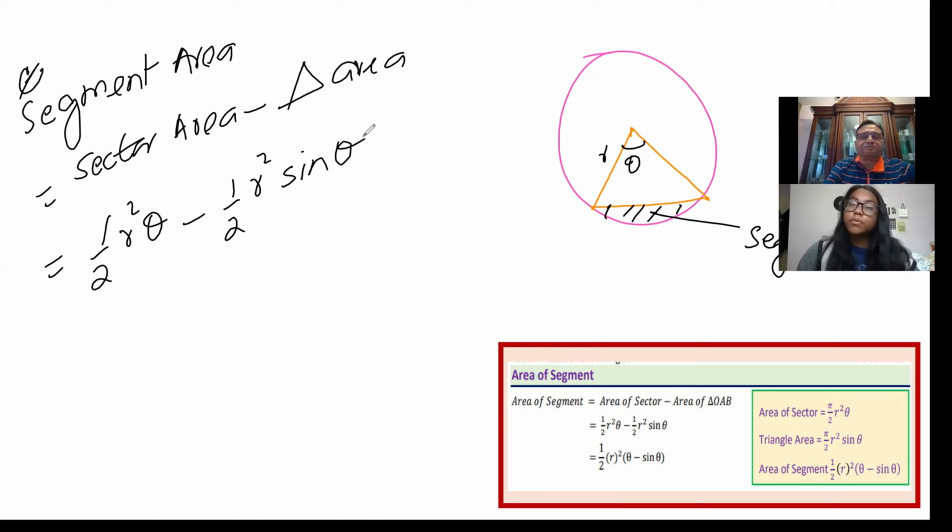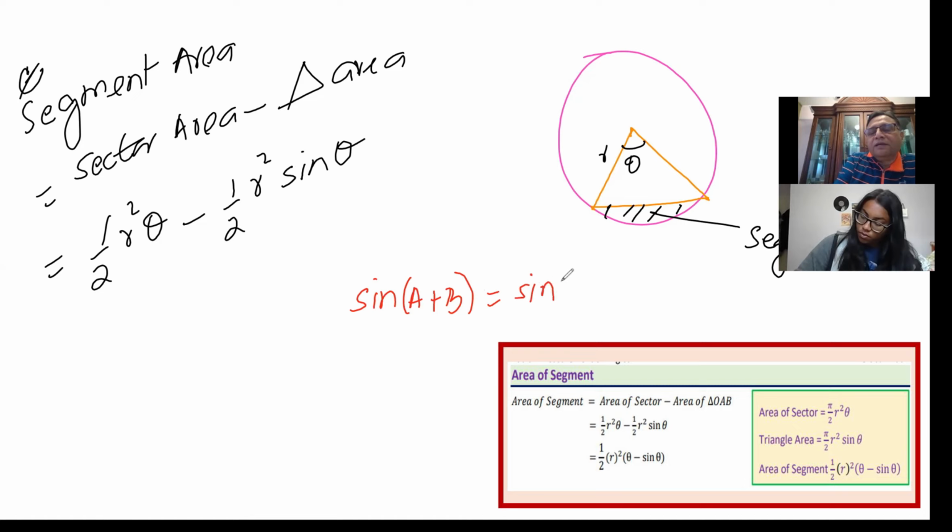So you will soon learn this particular formula, which is what we had: sine theta by 2 and cos theta by 2, 2 times. So how do we derive it? Let me just give you the formula, but you'll learn later. We know sine A plus B is equal to sine A cos B plus cos A sine B. You are going to learn it in a few classes, just in 2-3 days.